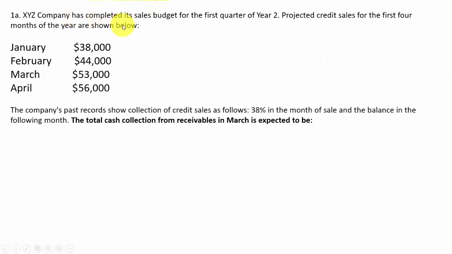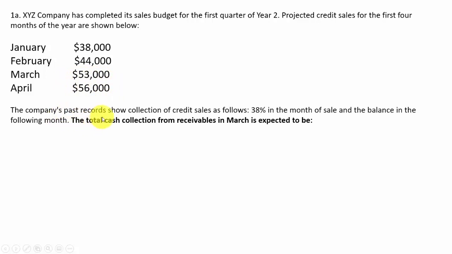XYZ Company has completed its sales budget for the first quarter of year 2. Projected credit sales for the first 4 months of the year are as shown. We expect our credit sales in January to be $38,000, February $44,000, March $53,000, and April $56,000.